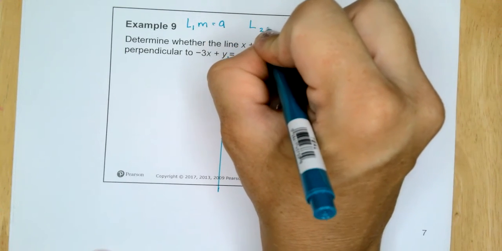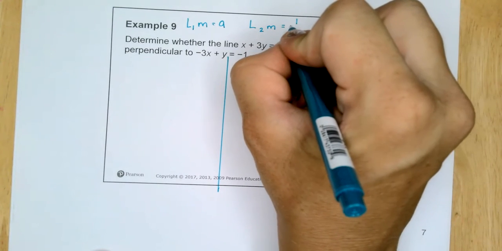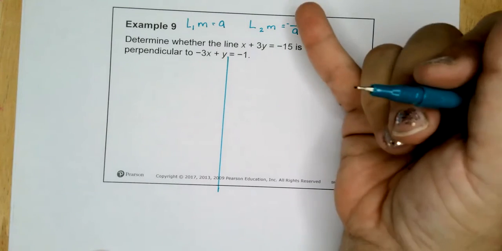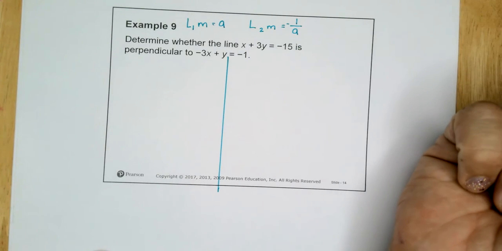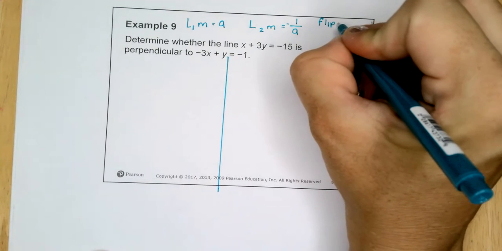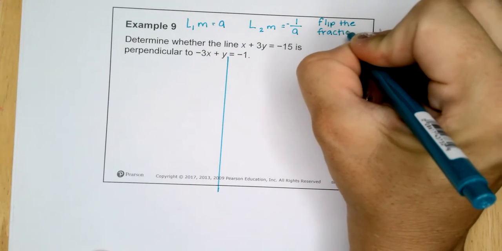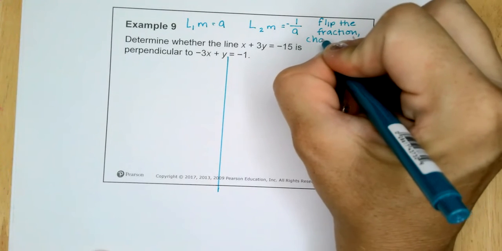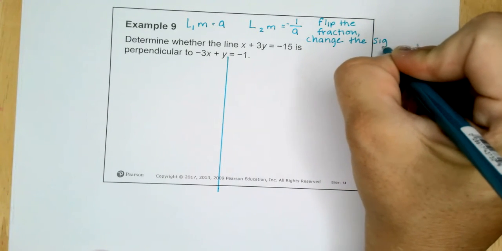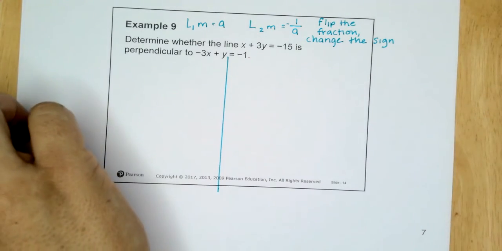Then the slope of line 2 will need to be 1 over a, and everything is negative. So we need to flip the fraction, change the sign. If that is true for the slope, then they will be perpendicular.